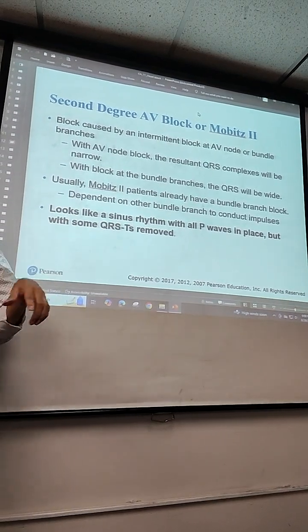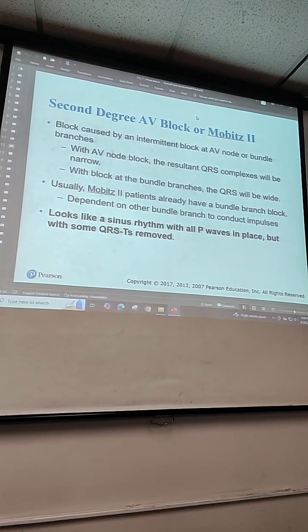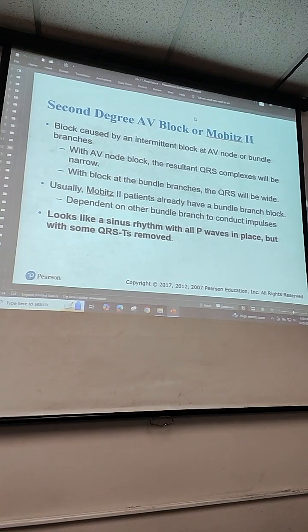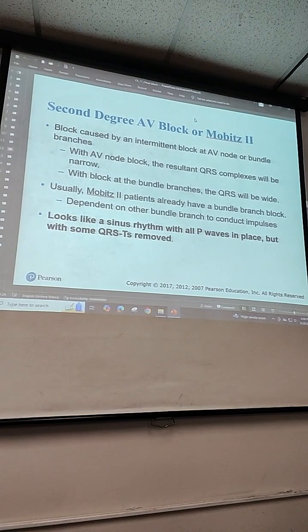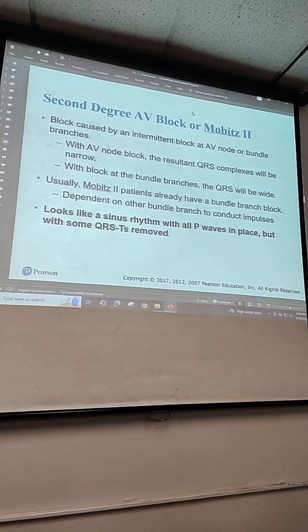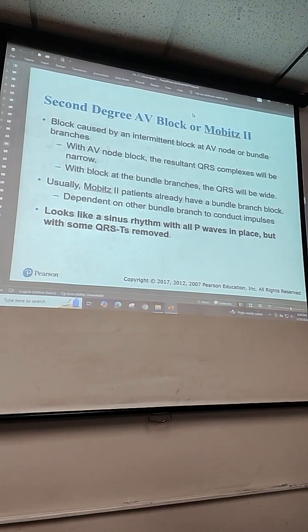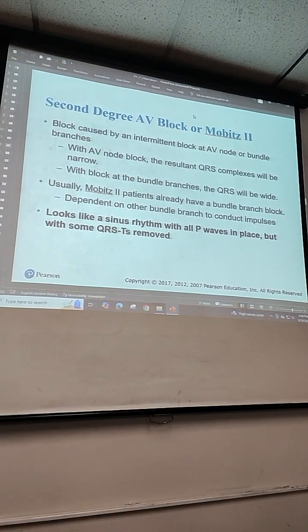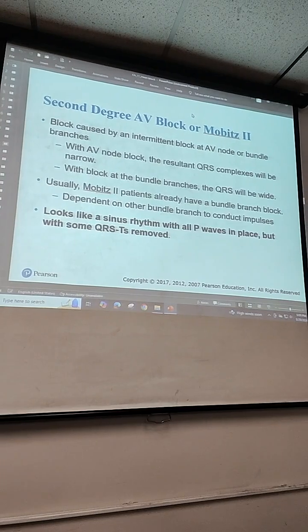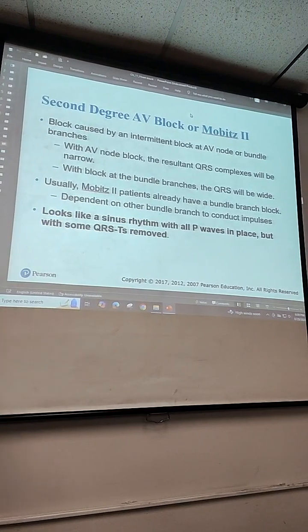So here we're going to see the PR interval normal. It's not progressively, constantly enlarged. It is not that it starts normal and then progresses. No, this is normal. It starts normal, but then it has a drop of the QRS. So that's basically what it is.